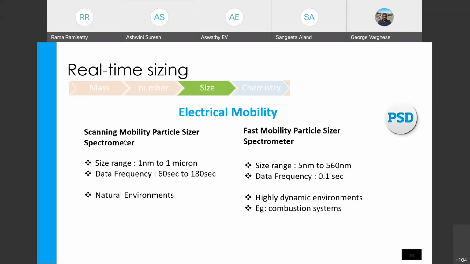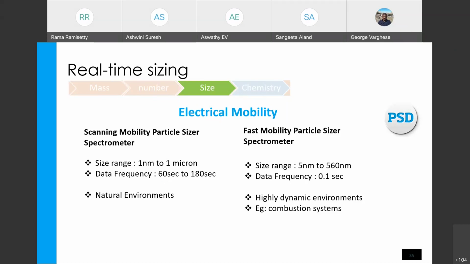With scanning mobility, we can measure particle size from 1 nanometer up to 1 micron, but it is a scanning process. It cannot do it immediately. It takes at least 1 minute to 6 minutes to complete the scanning from 1 nanometer up to 1 micron.